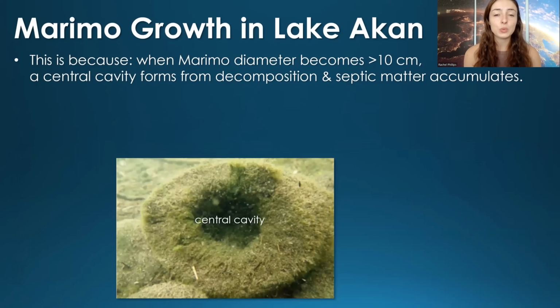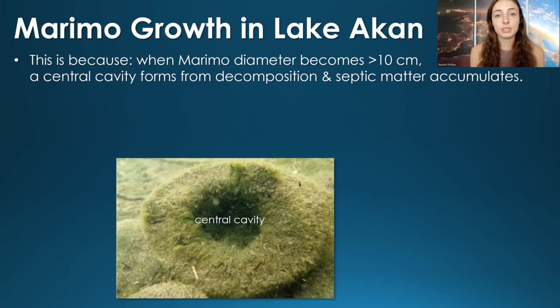This is because when Marimo diameter becomes greater than 10 centimeters, a central cavity forms due to decomposition. Basically, within the Marimo, the internal dormant algae are decomposing while the external surface algae continue to photosynthesize and grow the ball.